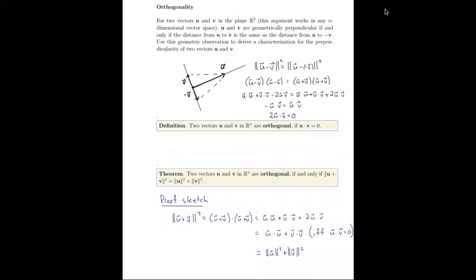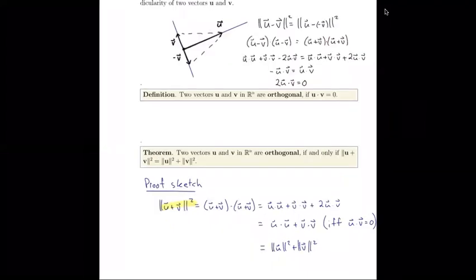So, well, how do we know that that's true? Here's a sketch of that proof. So u plus v norm squared is this dot product, which when we multiply all that out, remember it's u dot v and v dot u, but v dot u is equal to u dot v. So we have two u dot v's, same work that happened up here. And then we have u dot u and v dot v. Well, this component is 0, right?